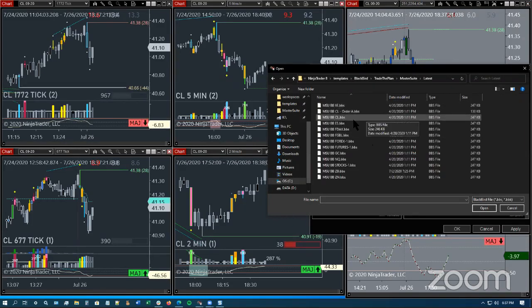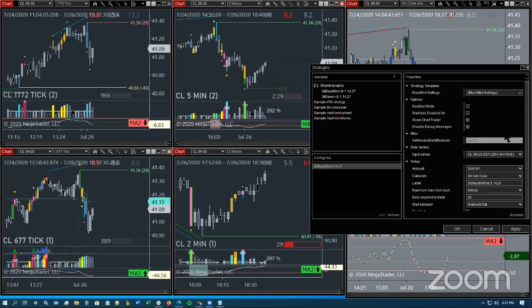And then let's see, I'll add crude. And then I could set the input series to that secondary series. See, I've already removed it, but you can set the input series to the strategy to whatever you want, as long as it's on that chart.